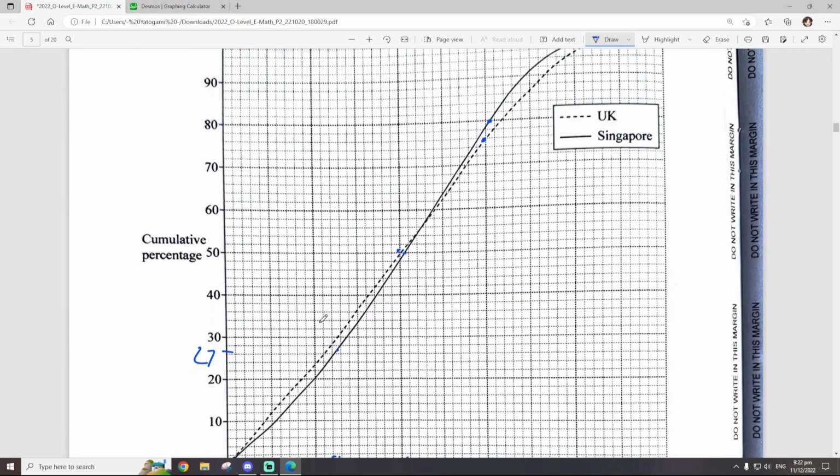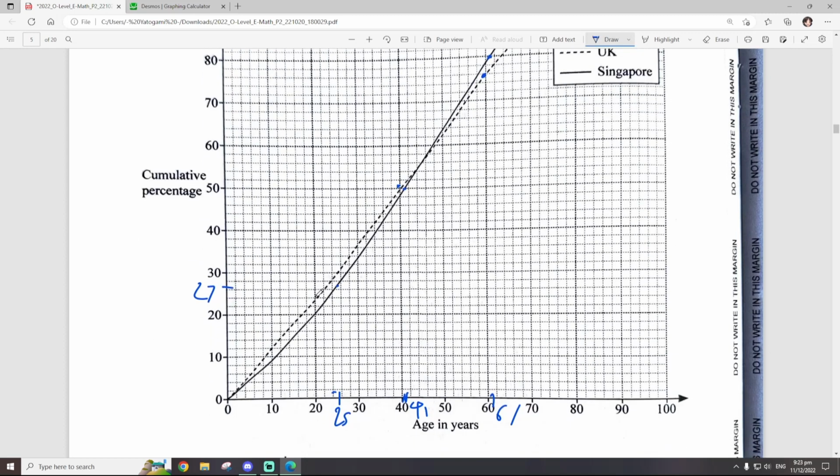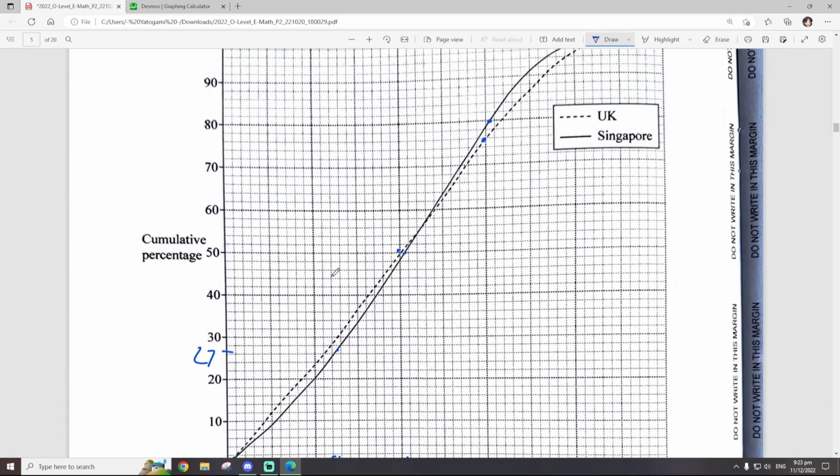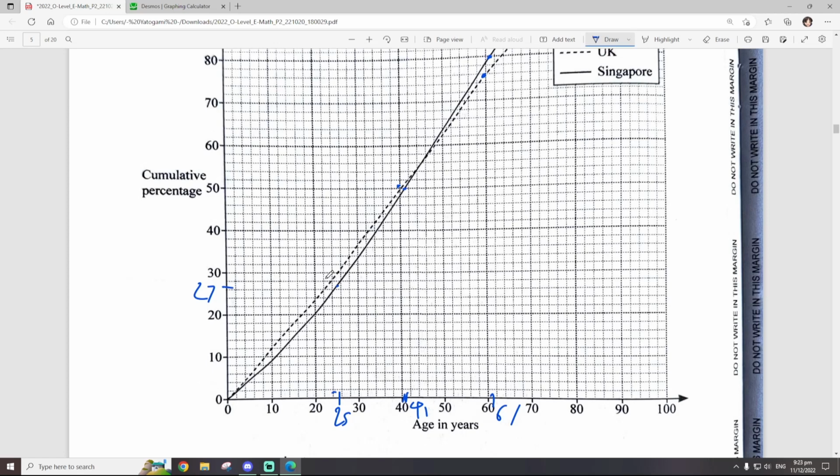If we've done a lot of these, another thing that we can usually do is use the interquartile range, right? And just by looking at the graph, you can kind of see that the interquartile range for Singapore will be bigger than the UK. Or rather, it looks like it, but looks are deceiving. So let's see.